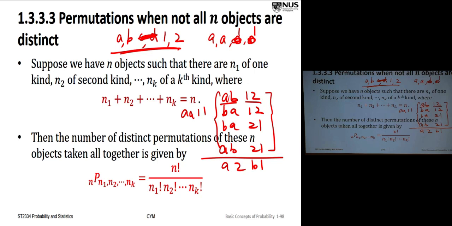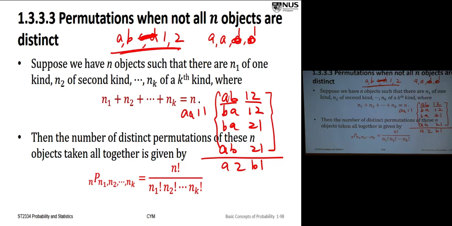So in other words, assuming that they're distinct, you have n objects, so there are n factorial arrangements. But once you don't have distinct objects, then you have to divide. Look at the alphabets, 2 of them, A and B. If you treat them as different, I have so many arrangements.